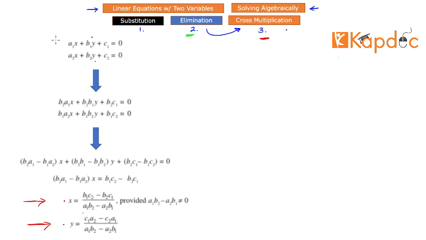Okay, so if these are my equations, equation 1 and 2, in the first step what you're doing is you are multiplying each one of them with a constant, and the constant is coming from the opposite equation, right? So equation 1 is being multiplied with the value b2, and equation 2 is multiplied with the value of b1, and this b1 and b2 are coming right from here.